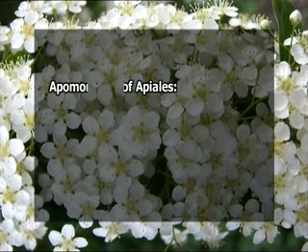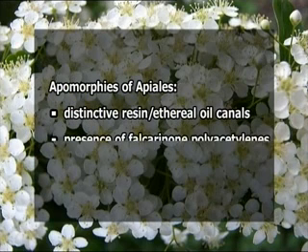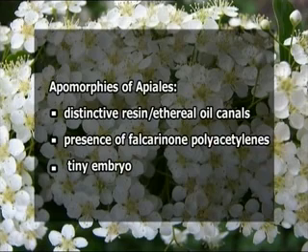Apiaceae and the three sister families share common features, what we call apomorphies. These apomorphies in these four families are distinctive resin or ethereal oil canals. Also, they show the presence of falcarinone polyacetylenes. And lastly, they have an apomorphy that in all these four families, they have a tiny embryo.